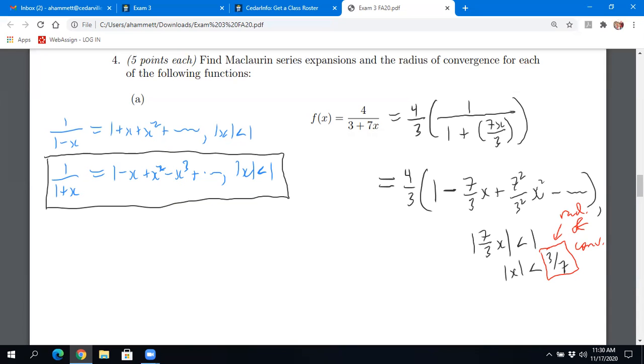So like, if I were to integrate, let me just use red here. What if I were to integrate f of x dx? What would I get? Think about it.